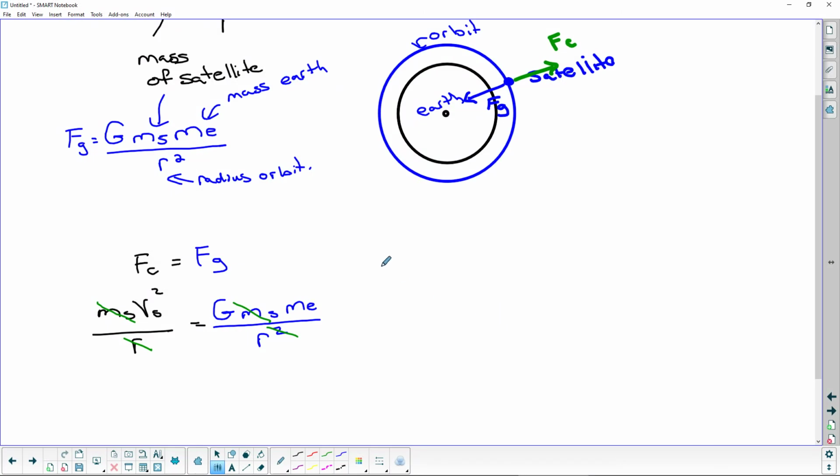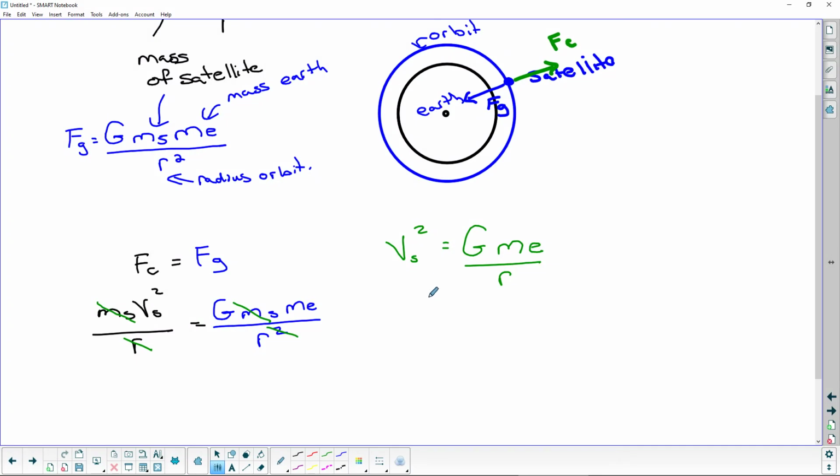This leaves us with v squared, the velocity of the satellite in this orbit squared, equal to big G times the mass of the Earth over the radius of the orbit, how far it is from the center of the Earth. That's a pretty easy formula. To get the orbital velocity, we square root all of this.